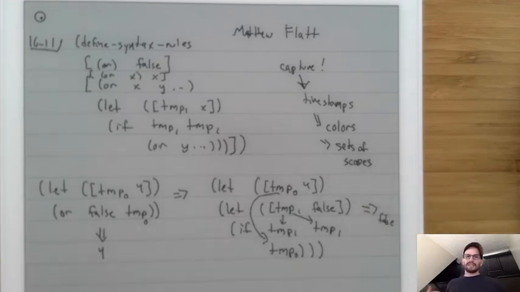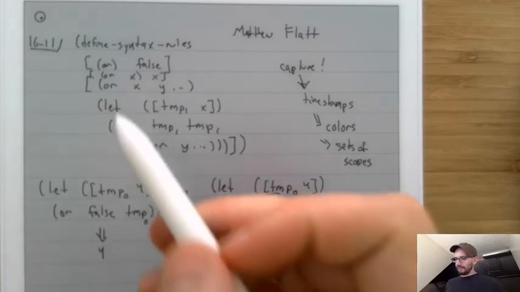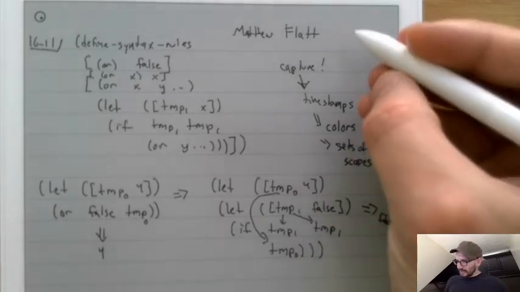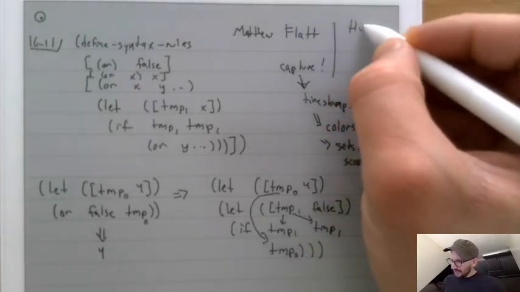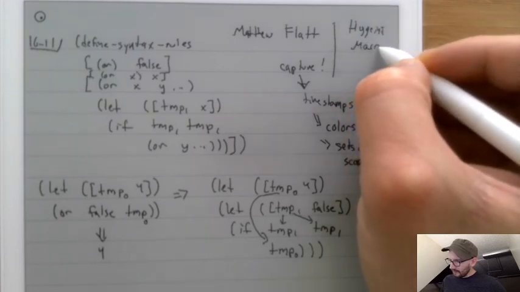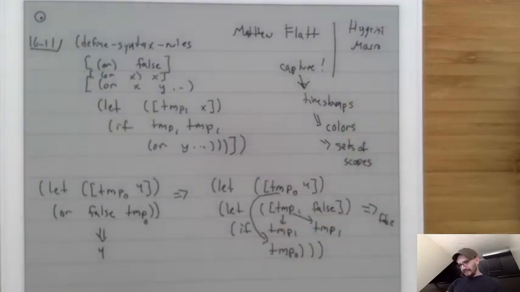Essentially, this makes it so that rules like this won't take over names. We call a system like this a hygienic macro system. Hygienic, of course, meaning clean. And of course, people who don't use a macro system like this are dirty, and do you want to be clean or dirty?